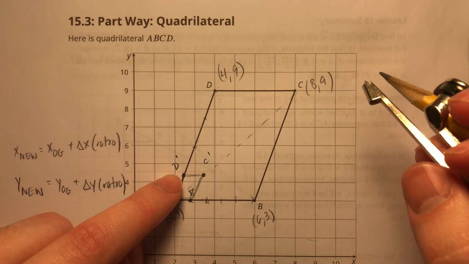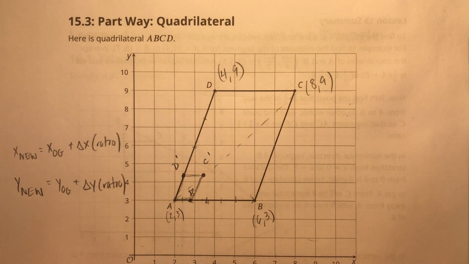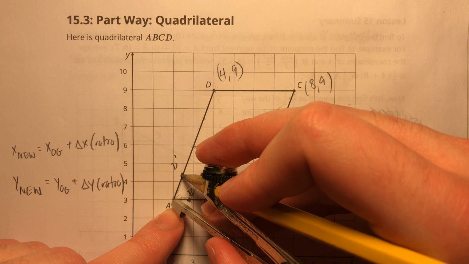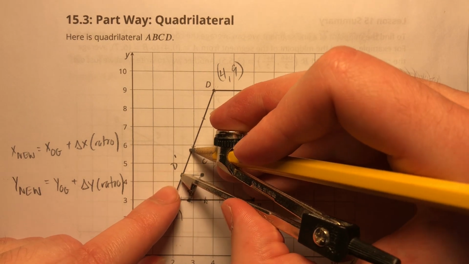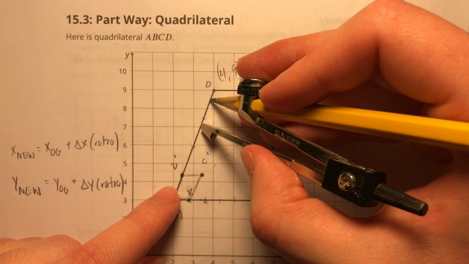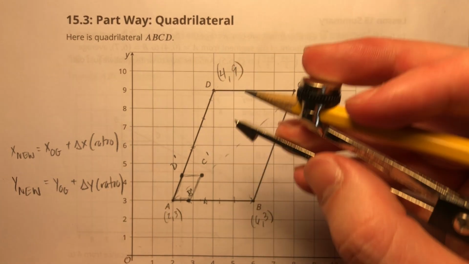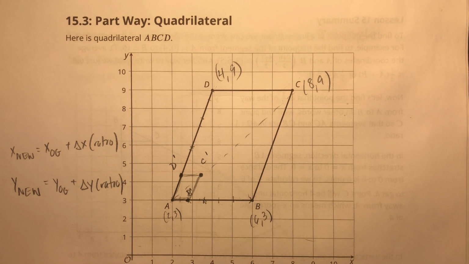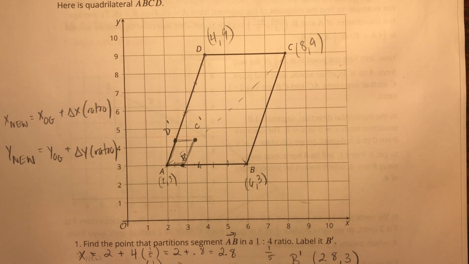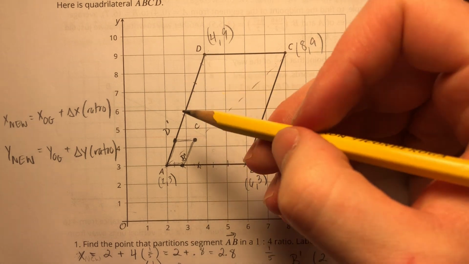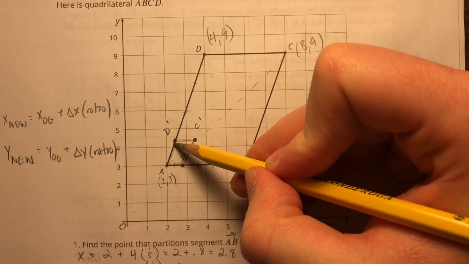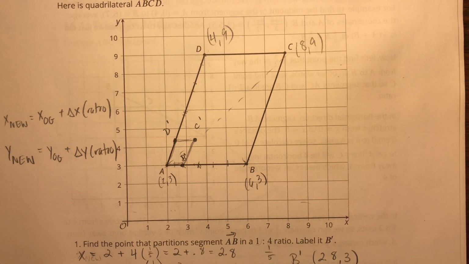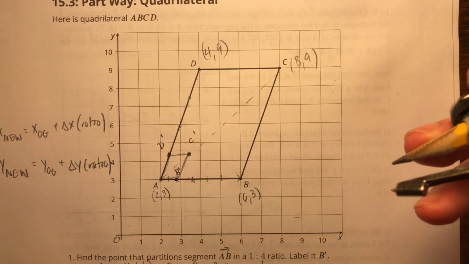So that one looks all right. Maybe I made a mistake here. Let's double check. Oh no, maybe my compass was just off a little bit, or maybe wherever I thought the point was was off. Oh, okay, I see it's a little bit off. If I'm talking about 4.2, this probably would be a little bit lower, a little bit closer. So that's human error, I would assume, why that one's off. But the other one should be pretty good.